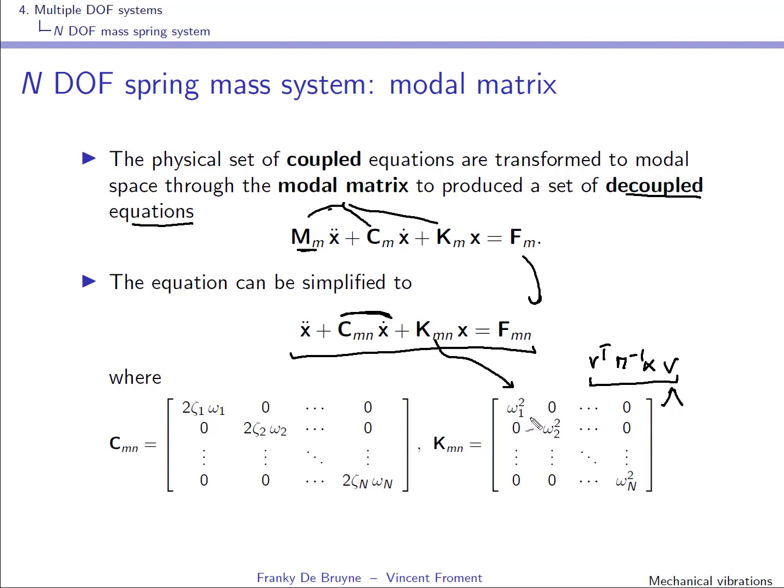Well, you have here the natural frequencies appearing, and you can show that in this matrix here, which is also diagonal, you have the natural frequency and the associated damping ratio.